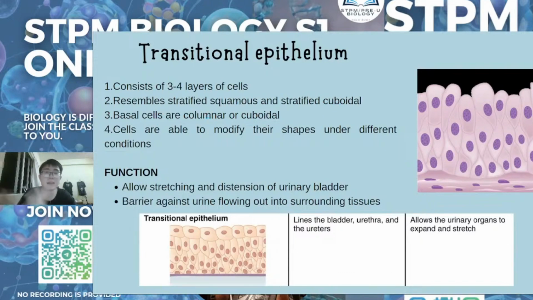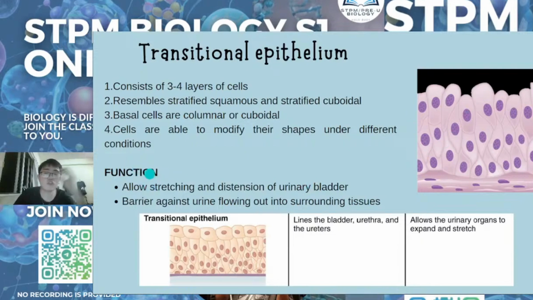So it is really mixed. The cells are able to modify their shape under different conditions, so there is also no fixed shape. It may occur in squamous shape, which is normally just a flat shape, and maybe it can occur in cuboidal shape, a hexagon structure, longer and more cuboid in shape.